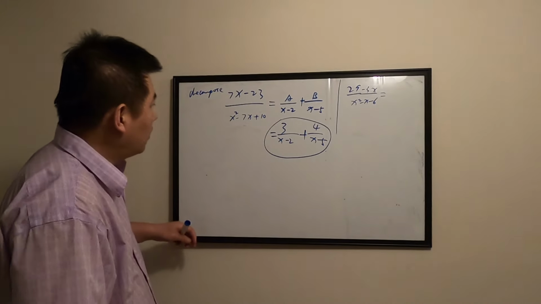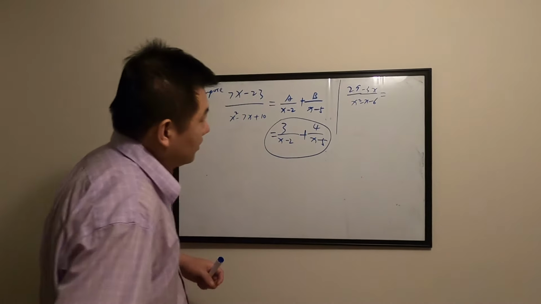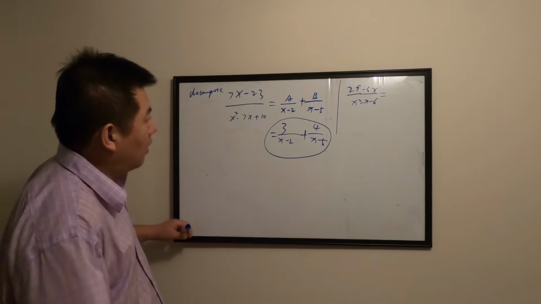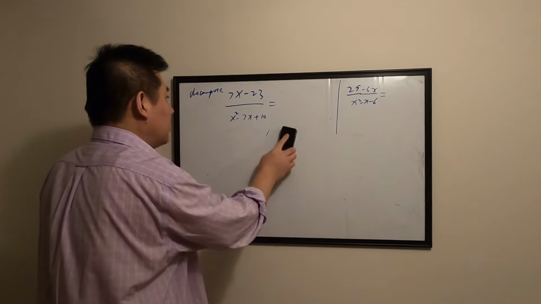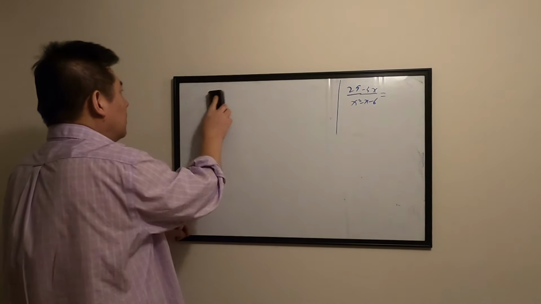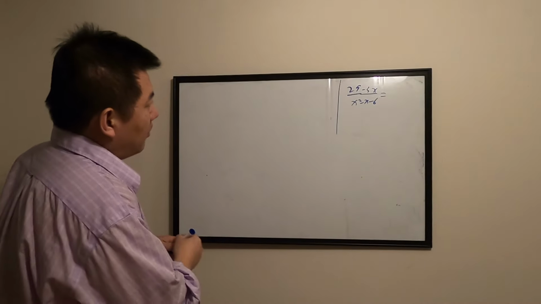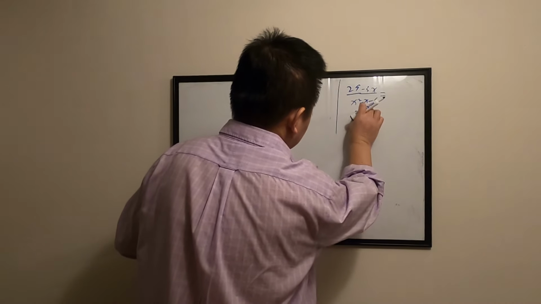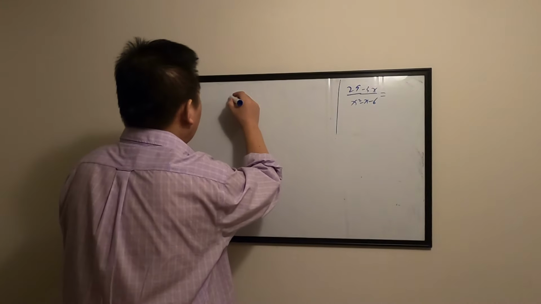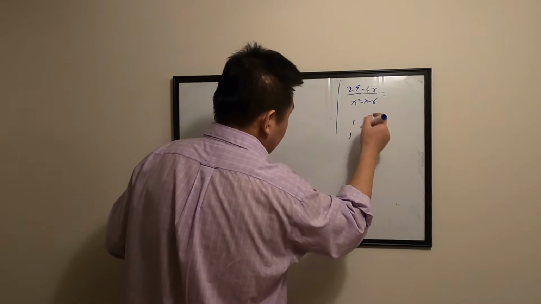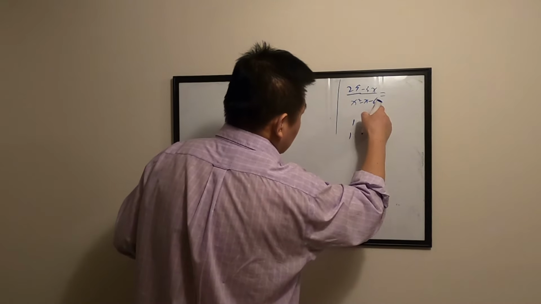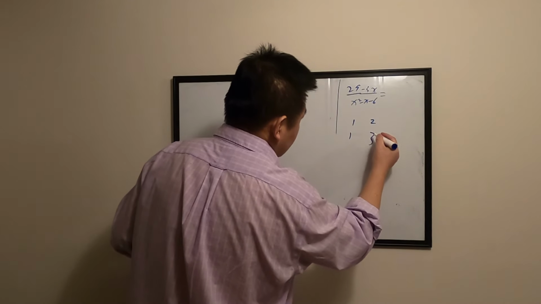So now we do another question, this one. Same, first step, factor. This 1 times 1 is 1, 2 times 3 is 6.